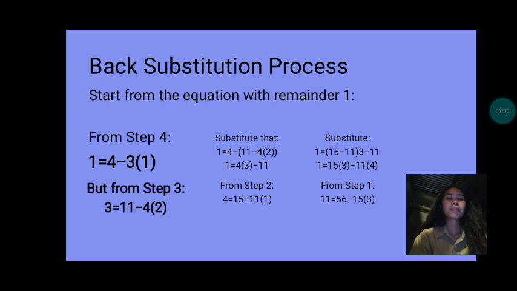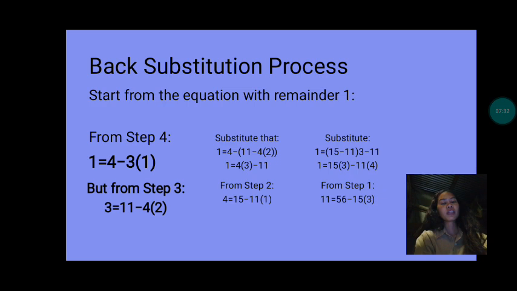Then we replace 11 using step number 1, which is 11 is equal to 56 minus 15 times 3. Lastly, we substitute again: 1 is equal to 15 times 3 minus (56 minus 15 times 3) times 4, and then we distribute it.